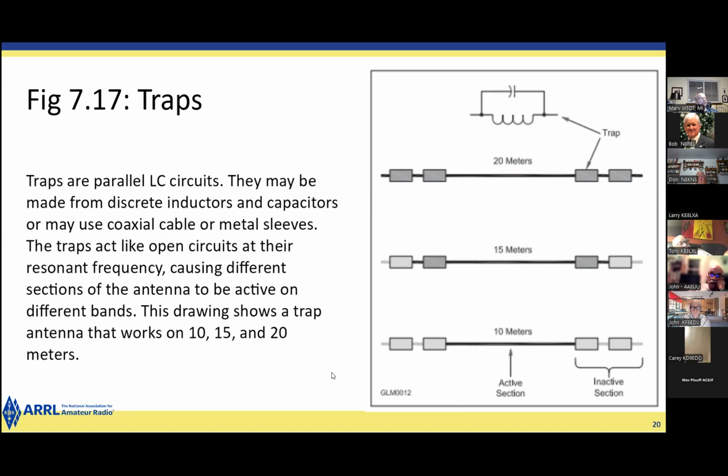The traps act like open circuits at their resonant frequency, causing different sections of the antenna to be active on different bands. This drawing shows a trap antenna that works on 10, 15, and 20 meters.